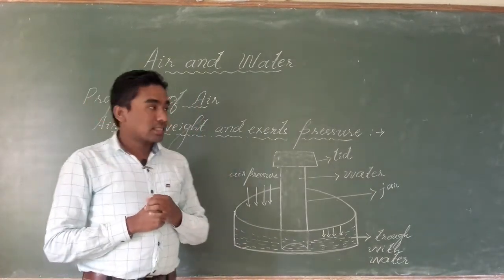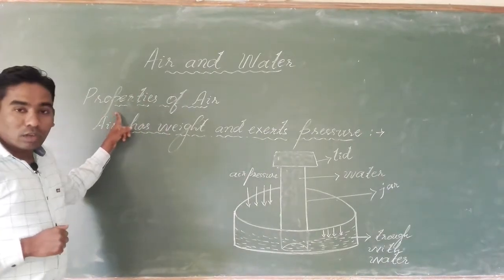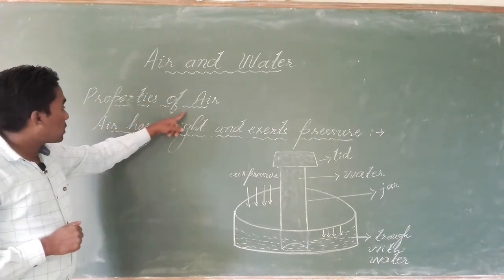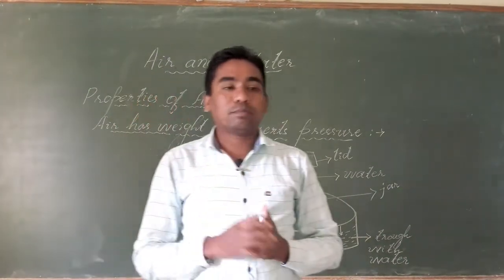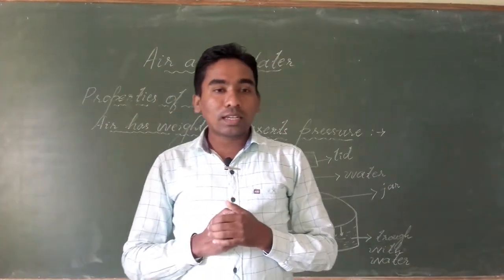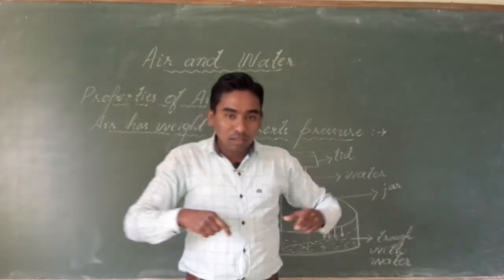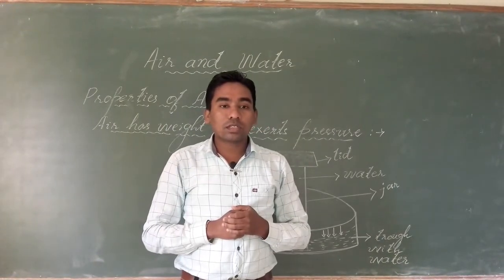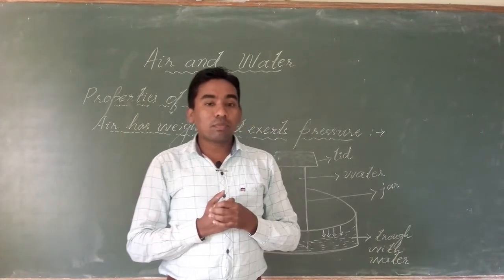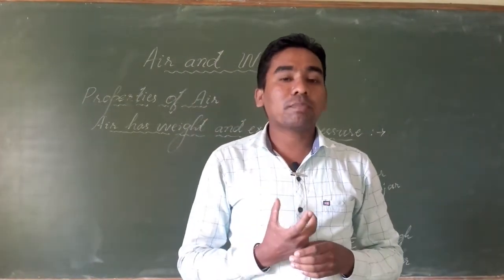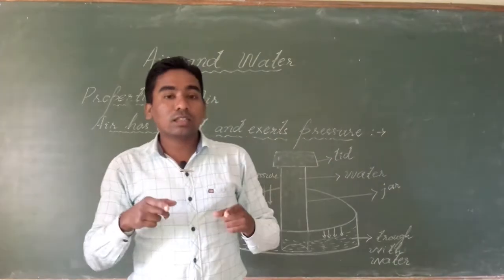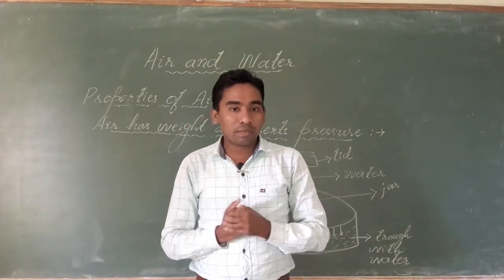So, my dear children, today we come back to the topic properties of air. What are the properties of air? Generally, we know that our earth has gravitational force. Due to the gravitational force of our earth, the air exerts a pressure in our surroundings, that is known as atmospheric pressure.